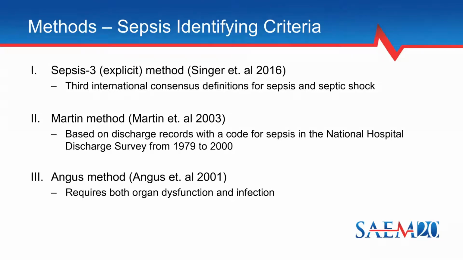It is based on discharge records with a code for sepsis in the National Hospital Discharge Survey from 1979 to 2000. And the third method is the Angus method, developed by Angus et al. in 2001. This method requires both organ dysfunction and infection to identify a sepsis case.